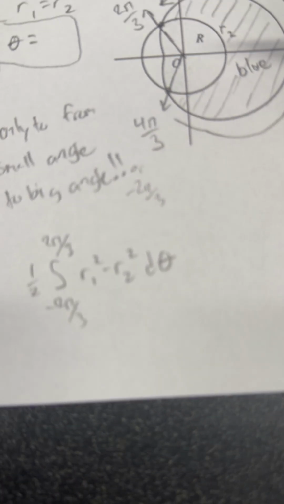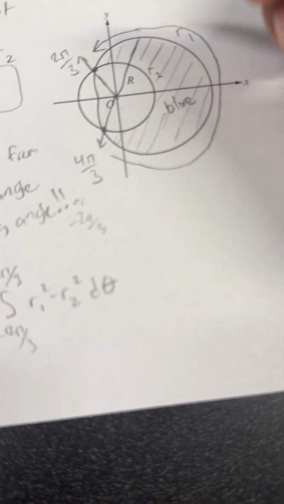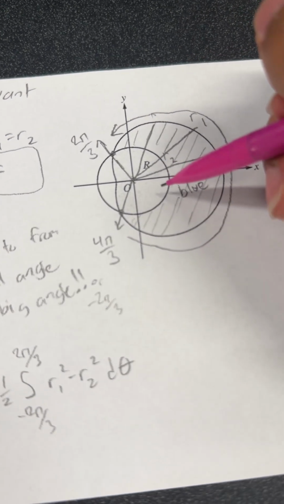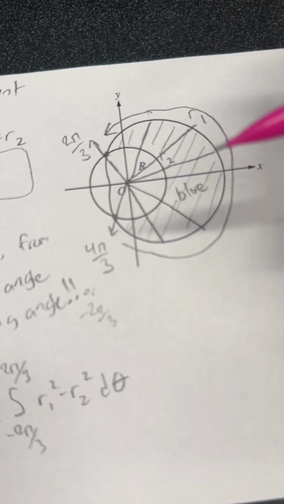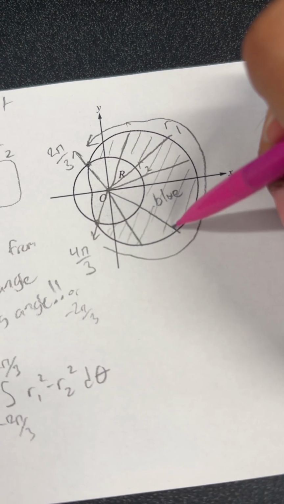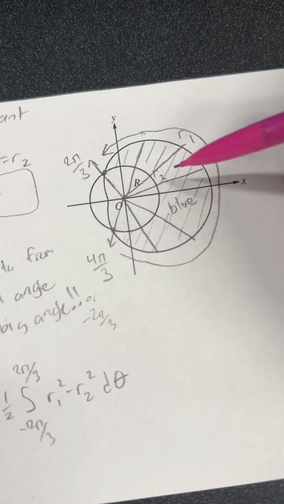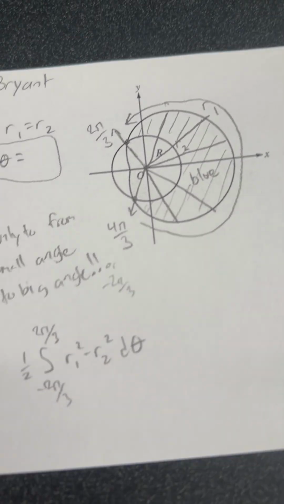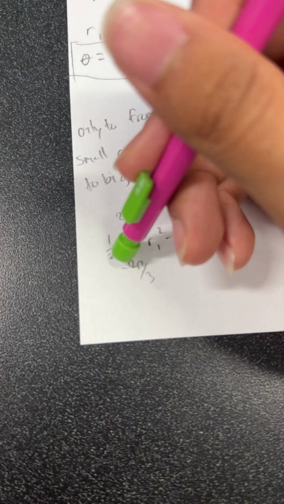The way you know that is if you draw lines, like if it helps you, you can see that the radius of the big one minus the radius of the little one is going to leave behind the blue, which is what you want. That's why this works. So if it helps, you can draw the little rays, and that shows you what area you're capturing.